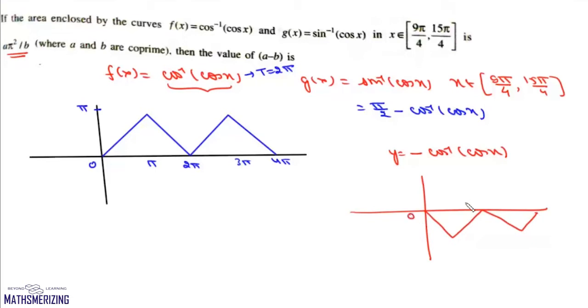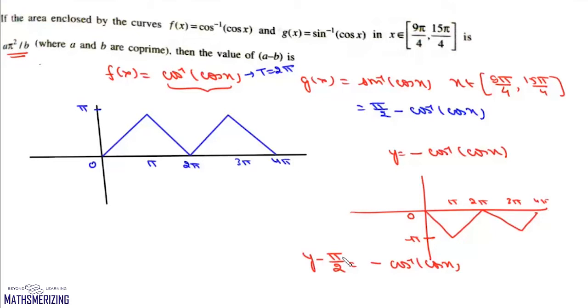this graph, 0, pi, 2 pi, 3 pi, 4 pi, and here this value will be minus pi. Then we'll take the transformation y minus pi by 2 equals minus cos inverse of cos x. Now y minus pi by 2 means we have to shift this entire graph pi by 2 units along the positive y-axis.